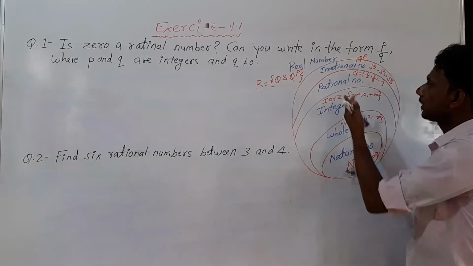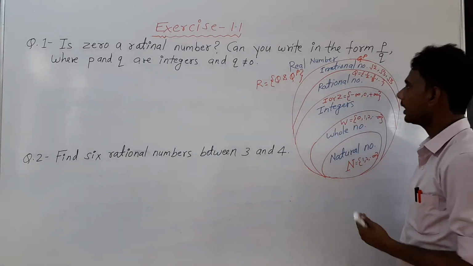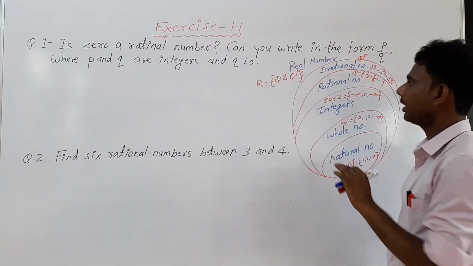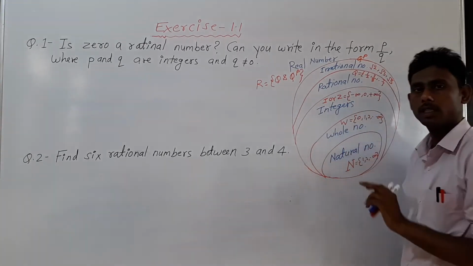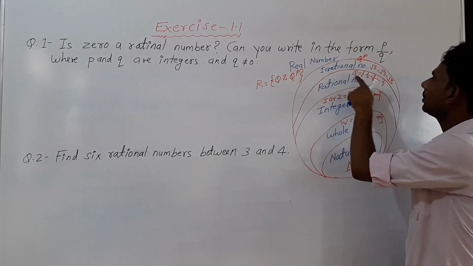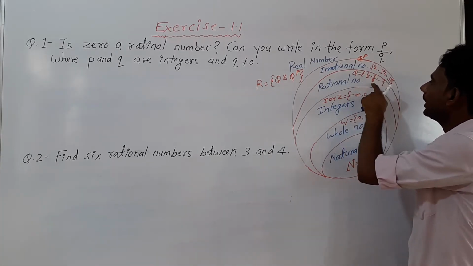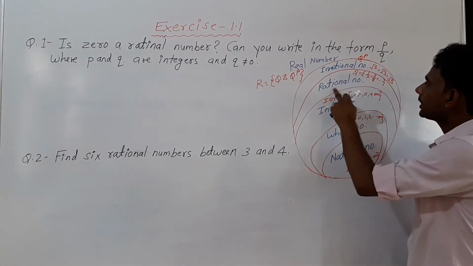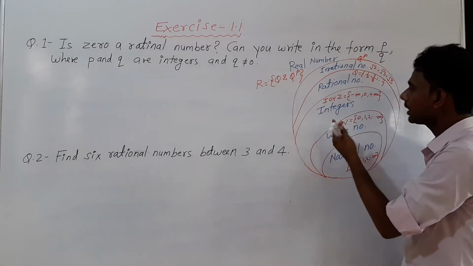Then after that, rational numbers. A number which can be put in the form of P upon Q is known as a rational number. It is denoted by Q. Q equals 1 upon 2, 3 upon 8 and so on. Rational numbers include integers.